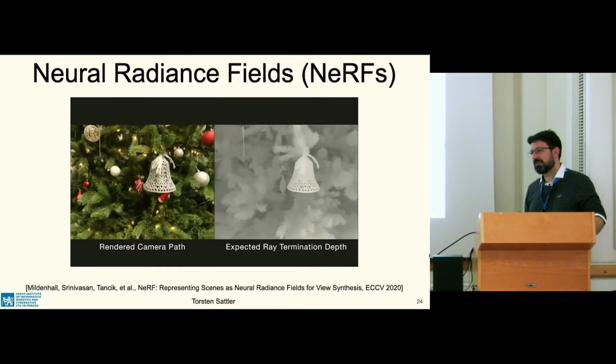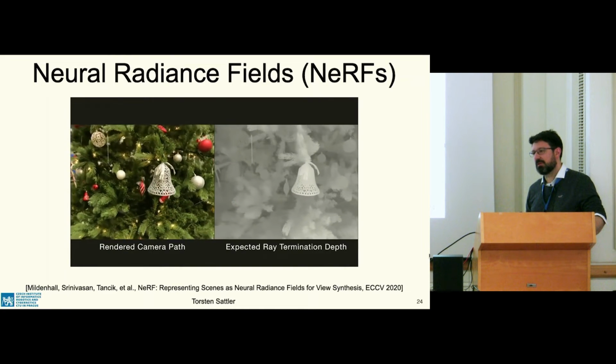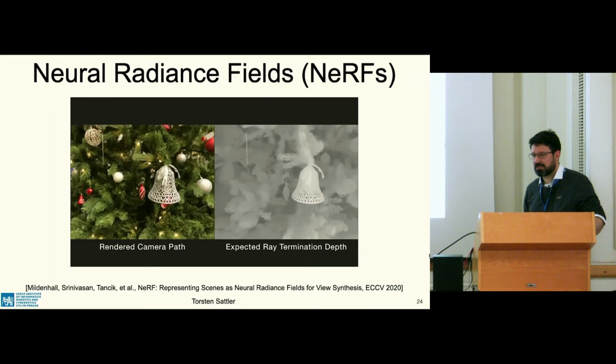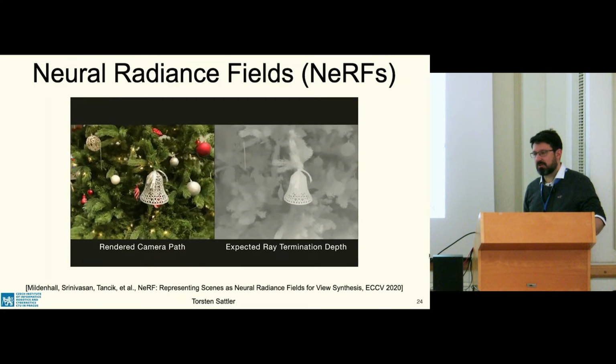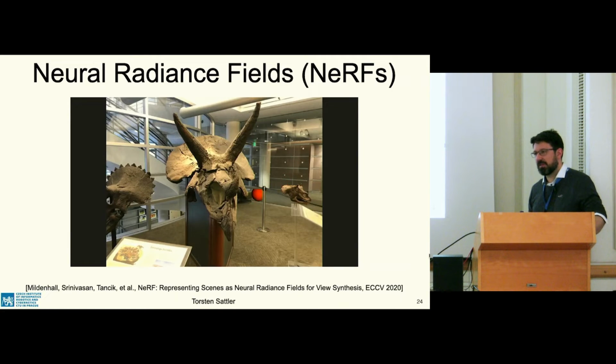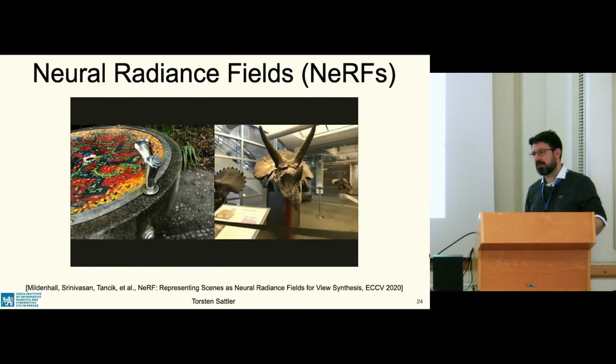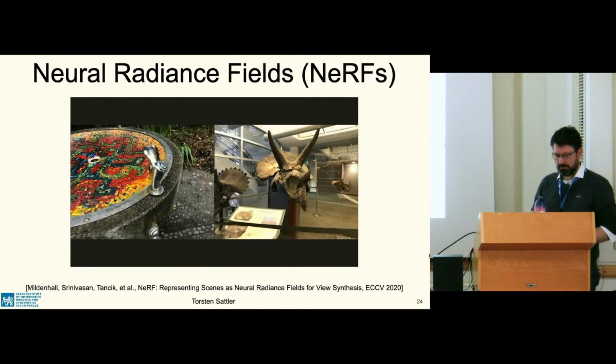But the thing doesn't really have an intuitive meaning, at least in my experience. It is essentially, is there something, or are we close to something or not? It actually causes problems, and we'll see this later on if you want to extract the surface, because it's not uniquely defined. We'll get to that later.